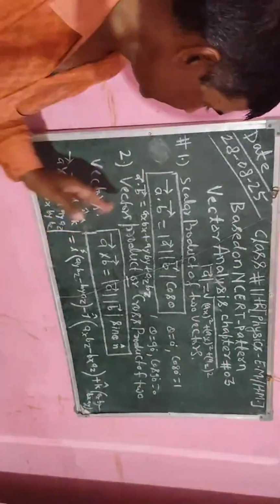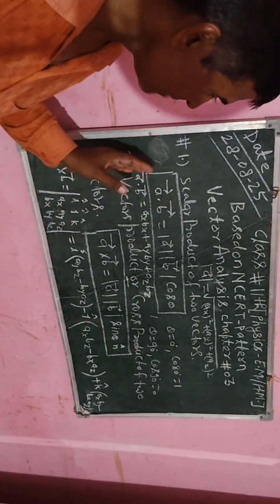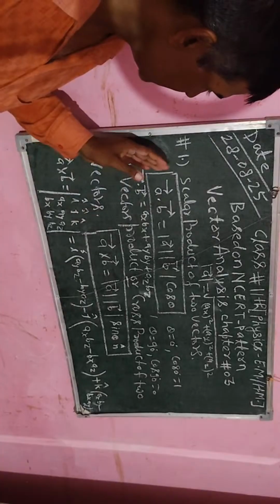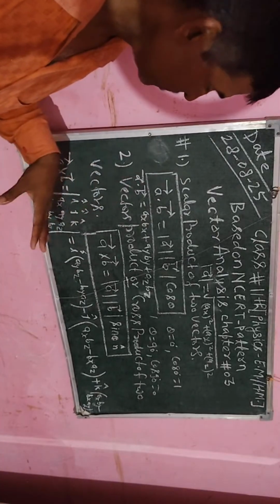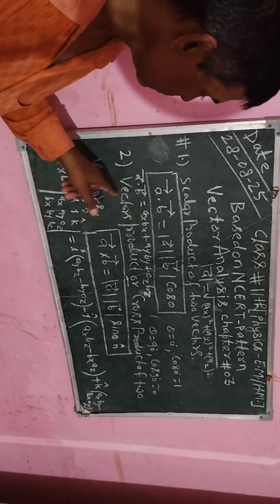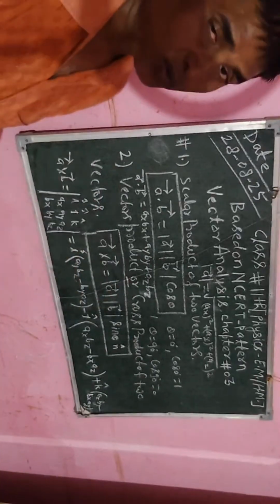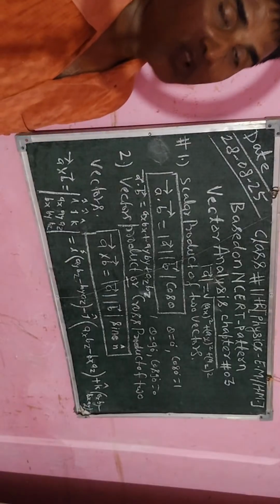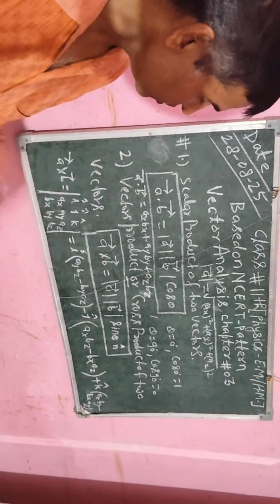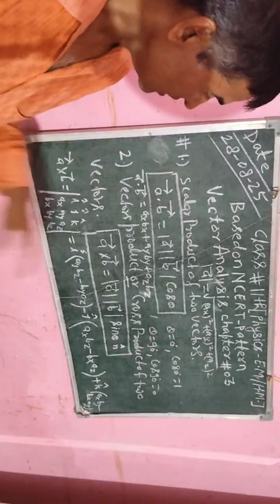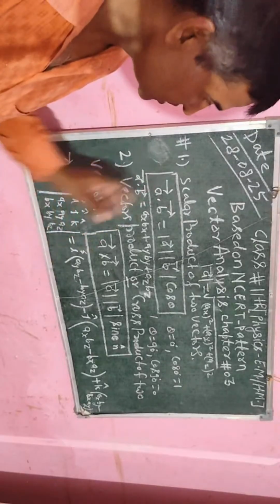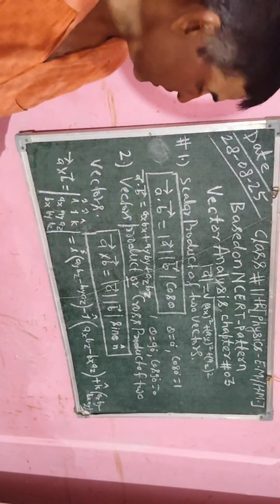Now I will erase it, and after erasing I will apply the concept of scalar product for solving one question, and also another question regarding the vector product, that is the cross product. Okay student, so you concentrate on this live video to understand the application of this concept with numericals.